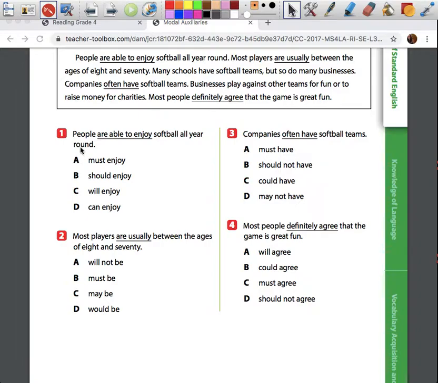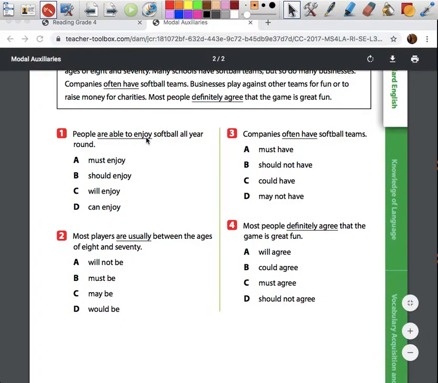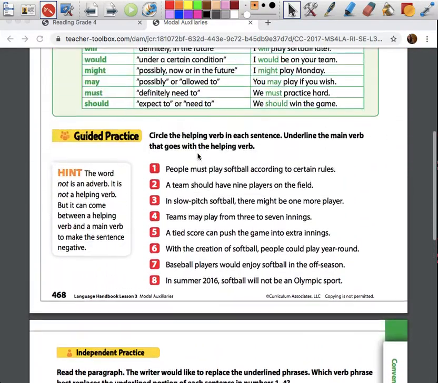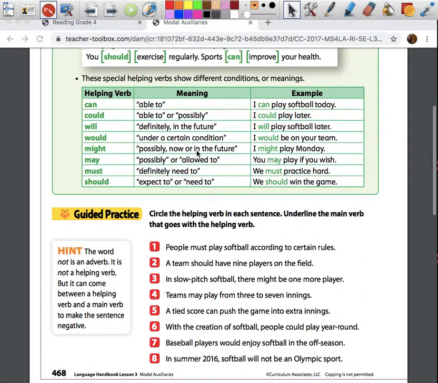Number 1, people are able to enjoy softball all year round. Okay, so right here they're saying are able to. We know that enjoy is my main verb. So which one of my helping verbs mean are able to? And we've got can and could.